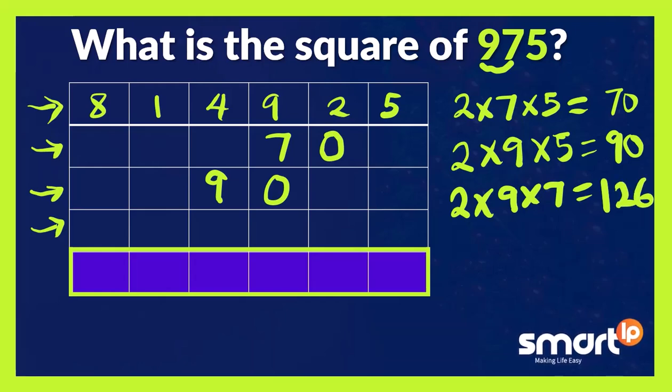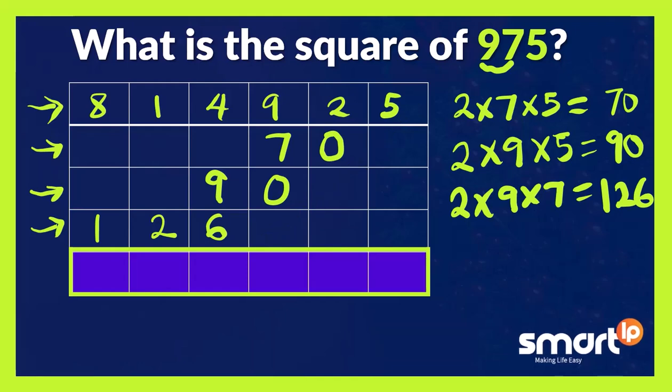Okay, so it gave us 126. So we're going to write the 6 here, we're going to write the 2 here, and we're going to write the 1 here. Okay, you got the pattern. Well done. Remember again, diagonal pattern like this.